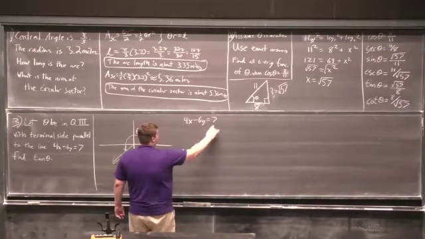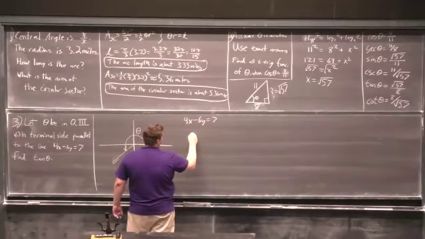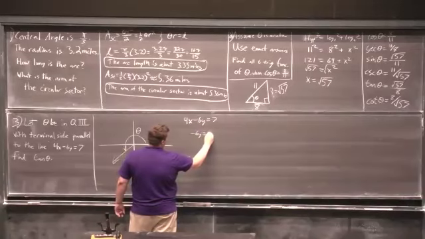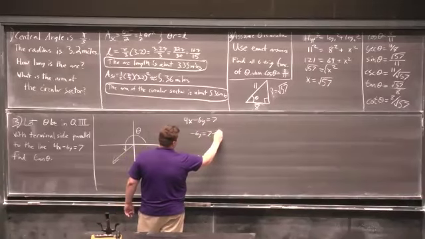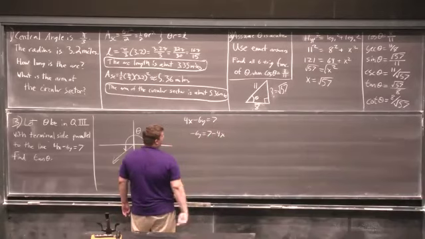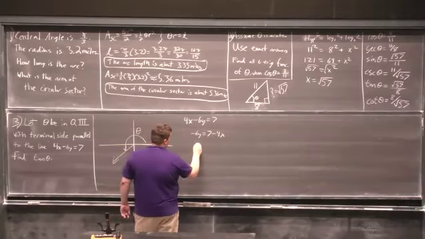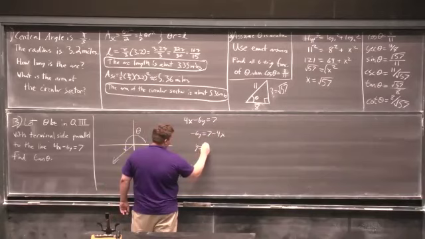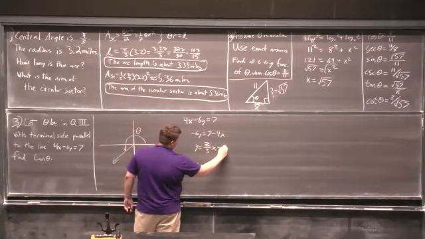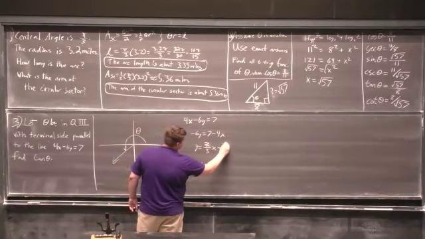I'm going to subtract 4x to the other side. So negative 6y is equal to 7 minus 4x, divide by -6, and I get y is equal to 2/3 x minus 7/6.